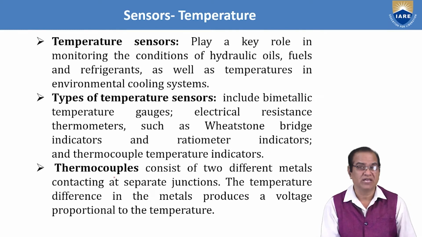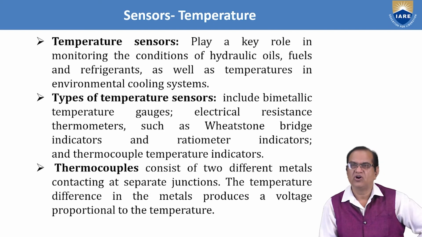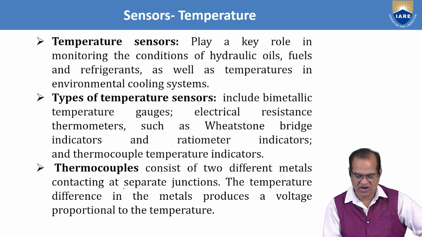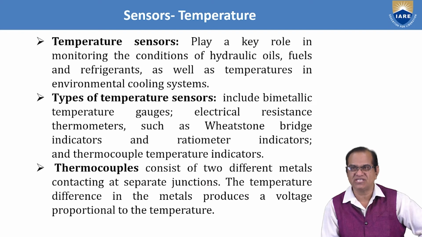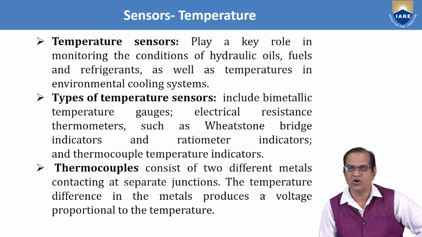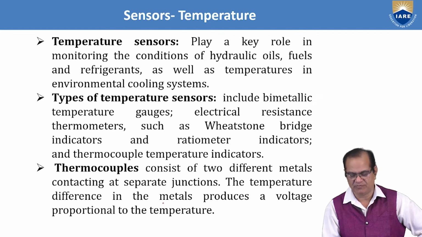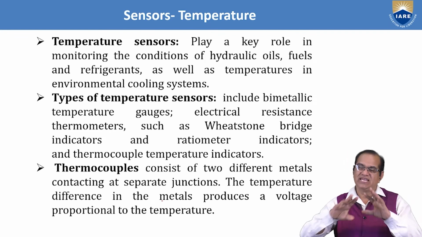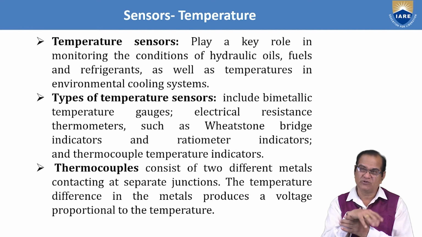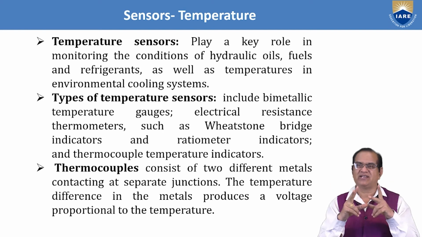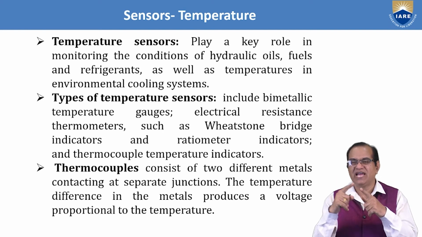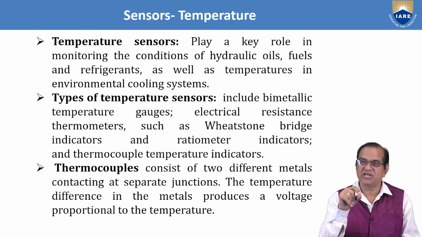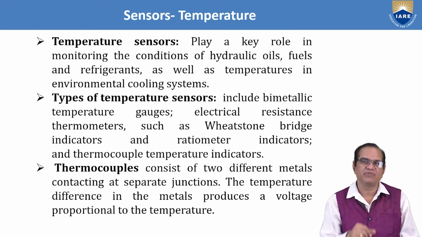Mostly we use thermocouples, which consist of two different metals contacting at separate junctions. The temperature difference in the metal produces a voltage proportional to that temperature. So by that, the temperature is converted to voltage. Two different types of materials are joined, and if it is put at a temperature, there will be a difference in the voltage.